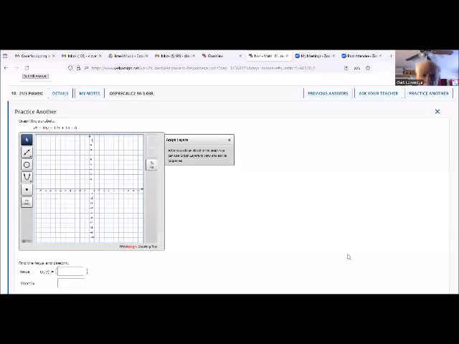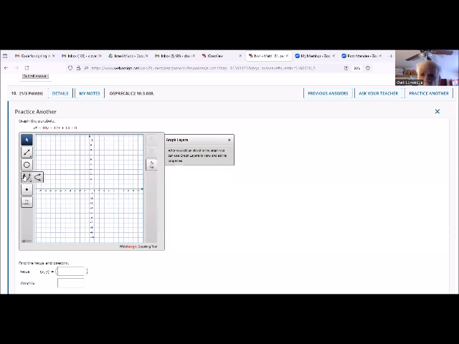Okay, so now I'm sharing my other screen. So this is what it looks like in WebAssign. We want to first click on the parabola shape, and then we have a choice. We want a parabola that opens up or down, or we want a sideways parabola.